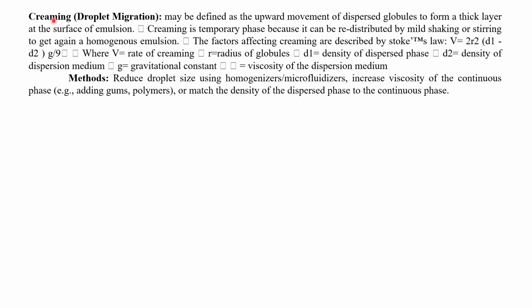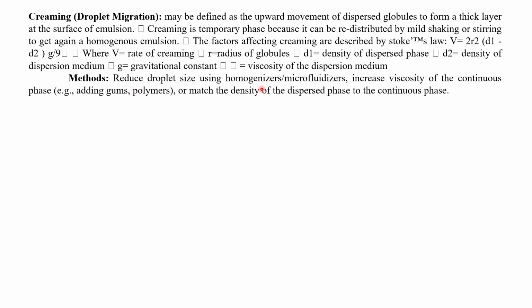To what extent the creaming has happened is calculated by Stokes' law, and since the upward movement of the particles is against gravity, we take the gravitational constant here in calculating the rate of creaming.